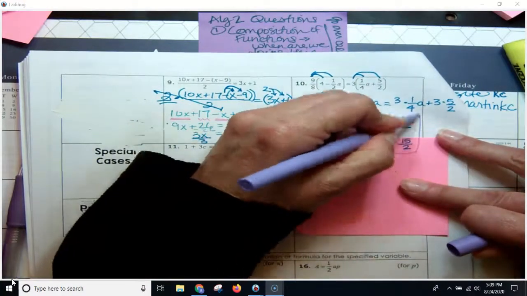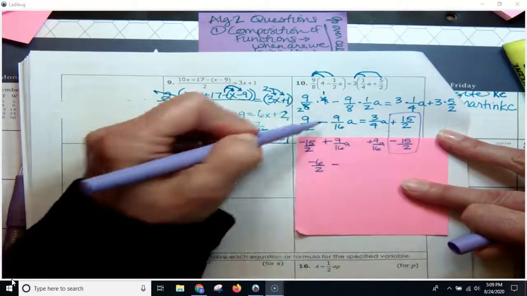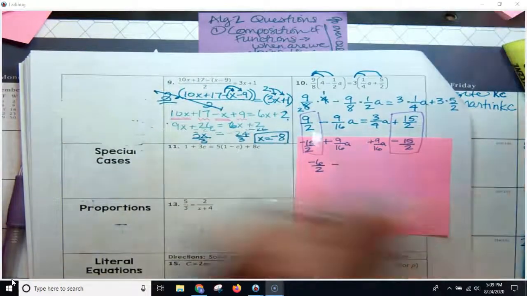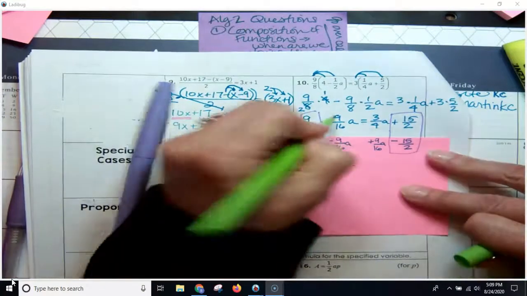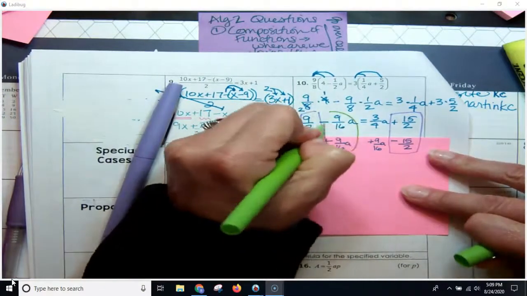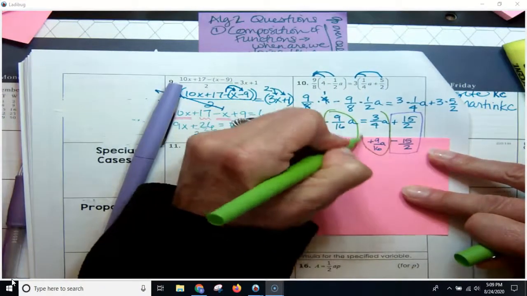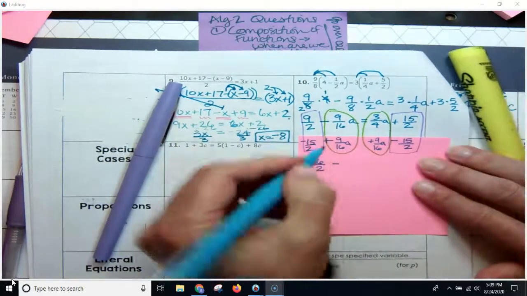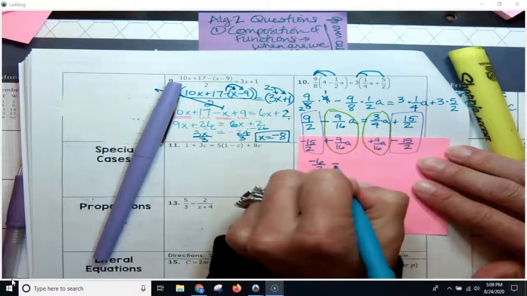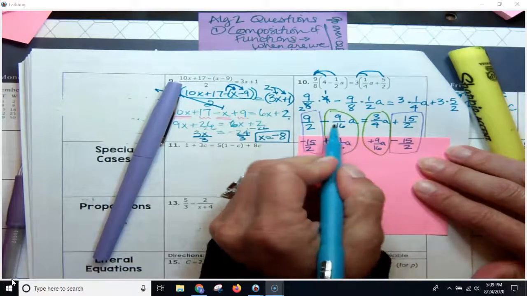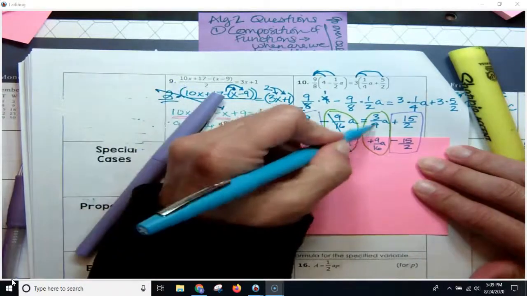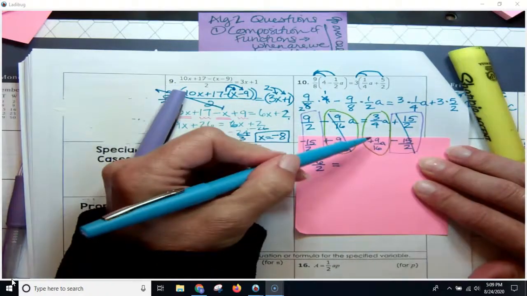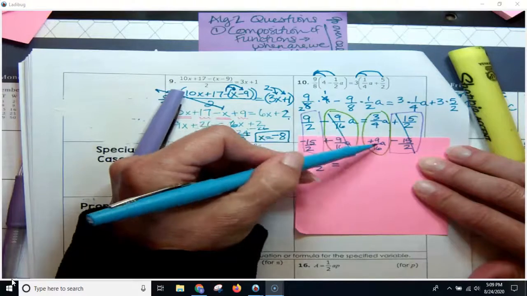I'm moving this to this side, and then I'm moving this one to this side. All right, so I'm going to get minus 6 over 2 equals, these cross out, and I'm left with this situation.